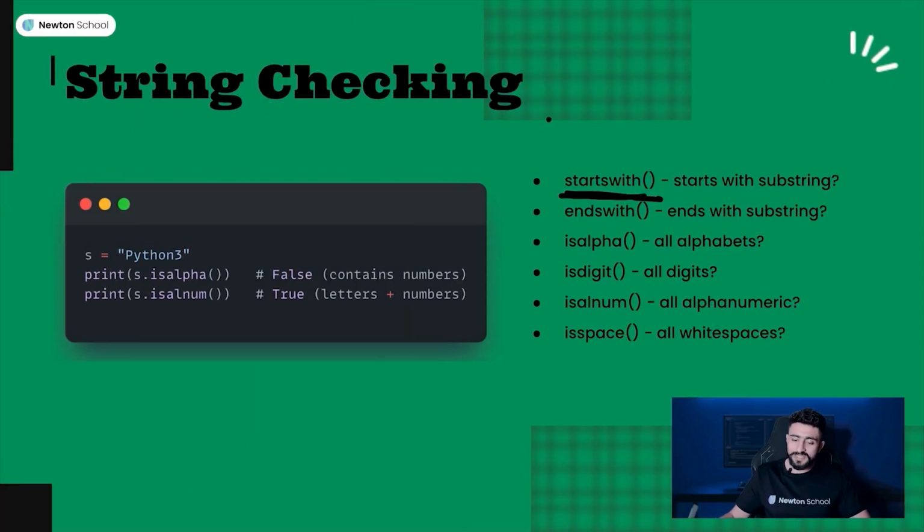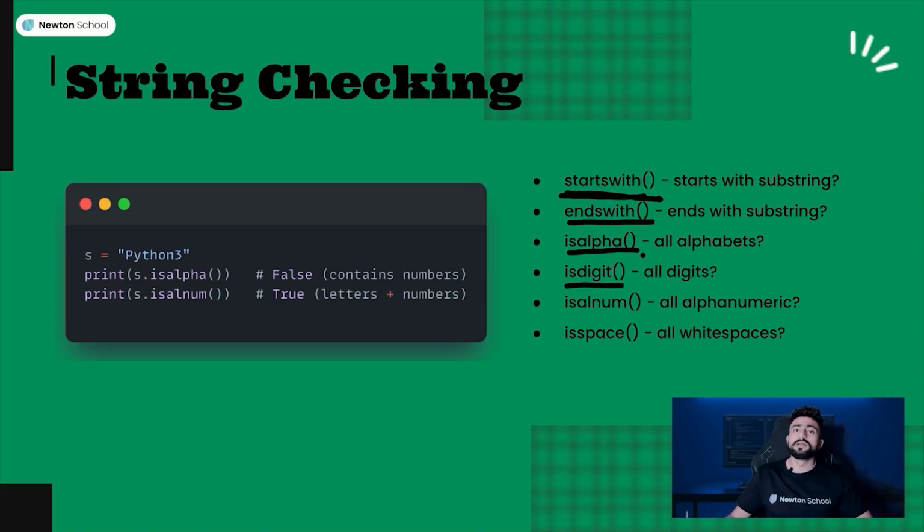Similarly, we have other methods as well, like endswith, which checks if the string ends with a particular substring or not. isalpha means if all are alphabets. For example, here we are checking s.isalpha. Are all alphabets here in "Python 3"? No, false. It contains a number as well, 3. And then isdigit checks if all are digits.